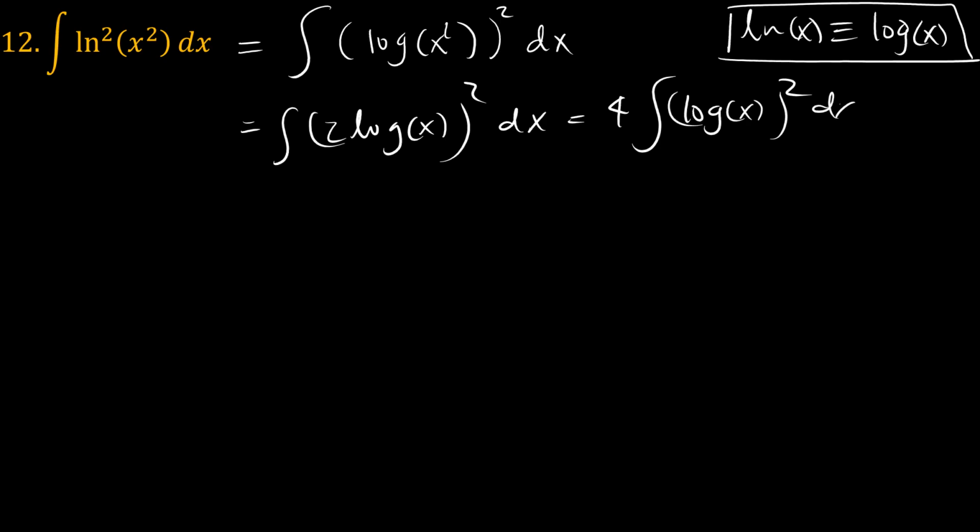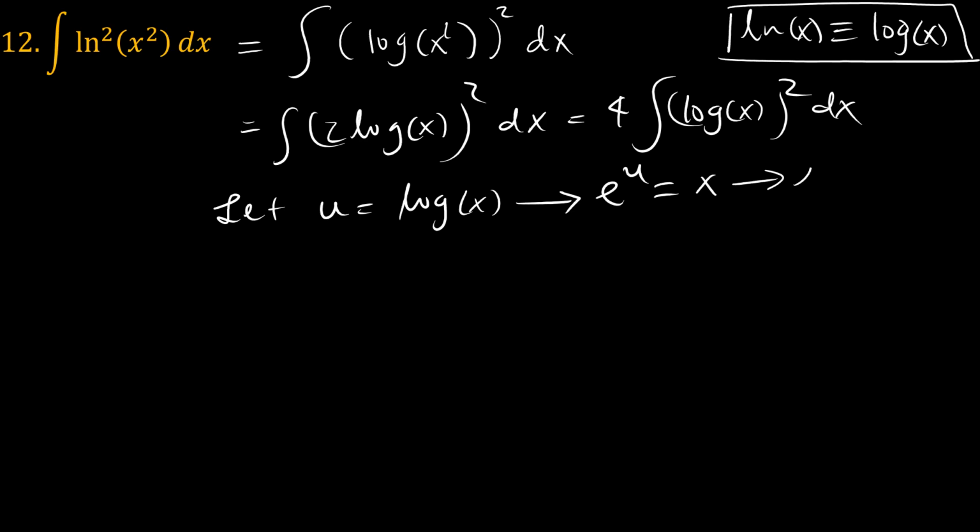So let u be equal to log of x, meaning that e to the u is equal to x, implying that e to the u du/dx is equal to 1, and so e to the u du can be used to substitute for dx.